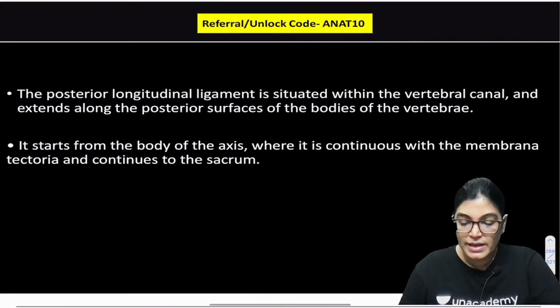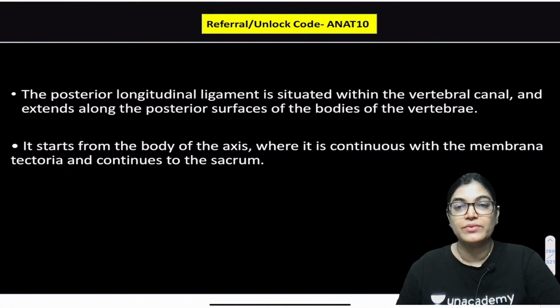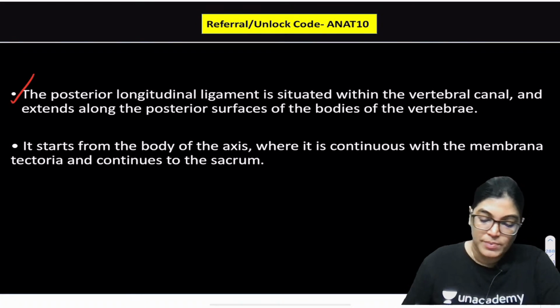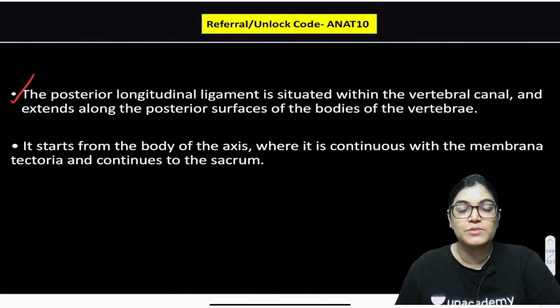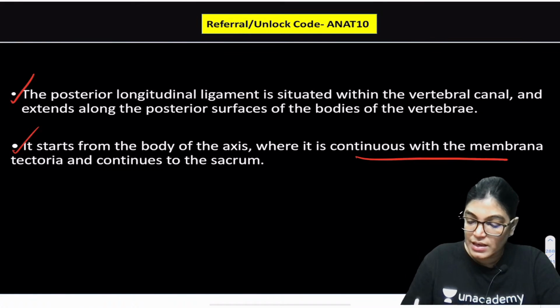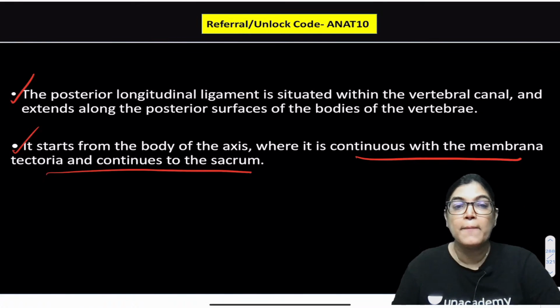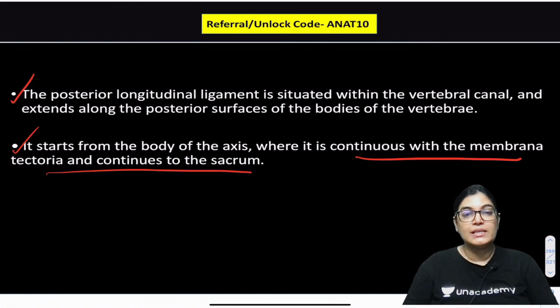See here I have written the facts also. The posterior longitudinal ligament is situated within the vertebral column and extends along the posterior aspect of the vertebral bodies. It starts from the body of the axis and continues with the membrana tectoria, and lower down it is attached to the sacrum.